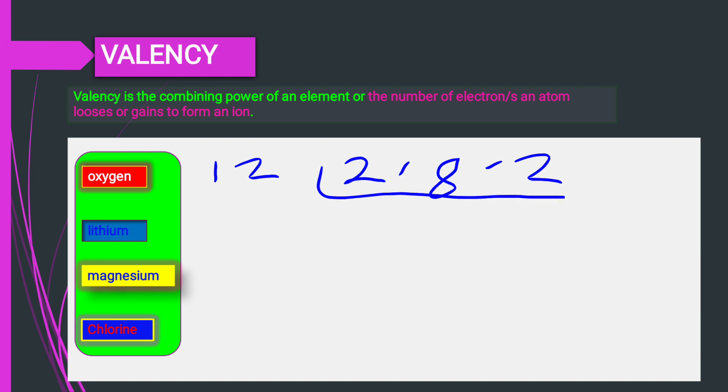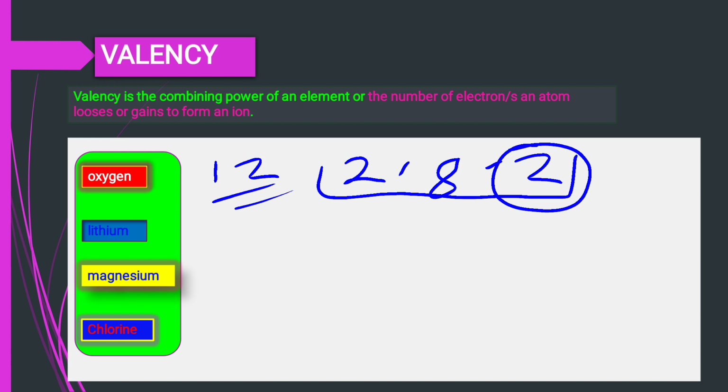If you add this, you get 12. So it is easier for magnesium to lose these 2 electrons than to gain 6 more electrons to form an octet state. Therefore, the valency of magnesium is 2.